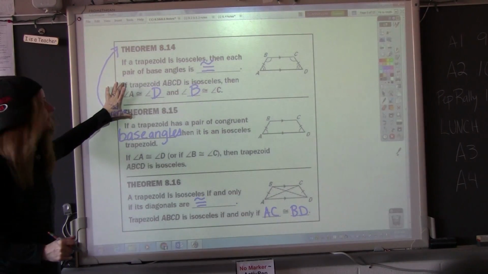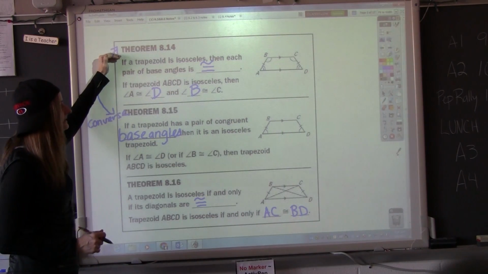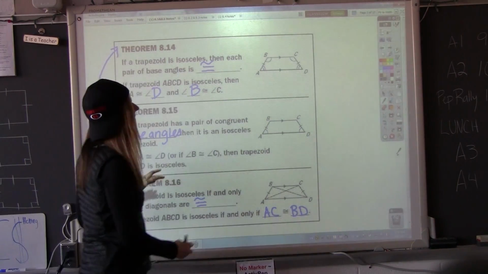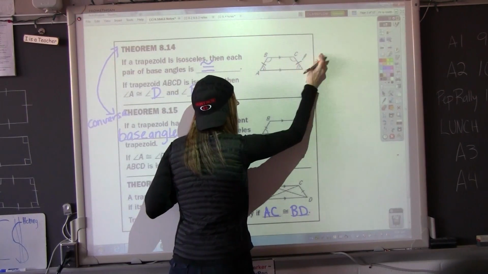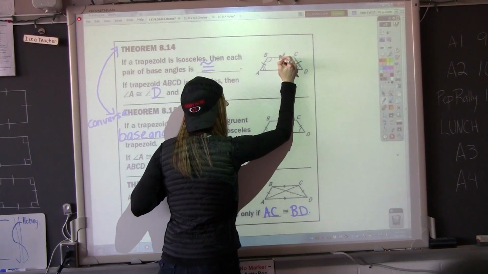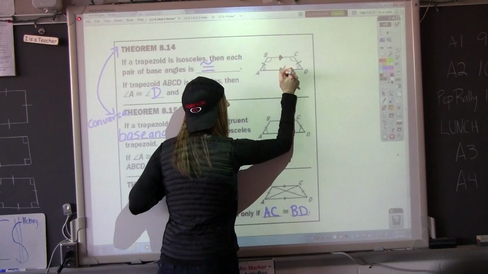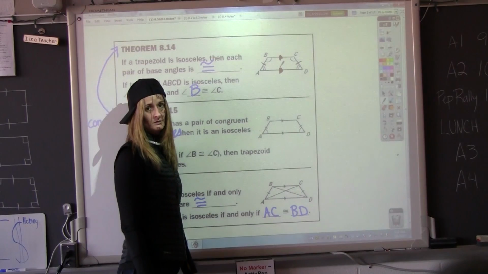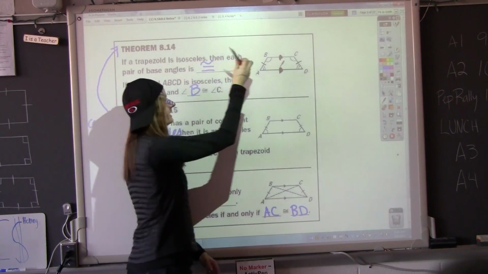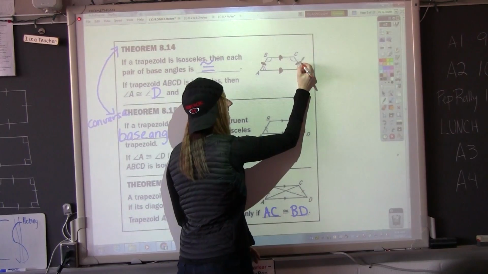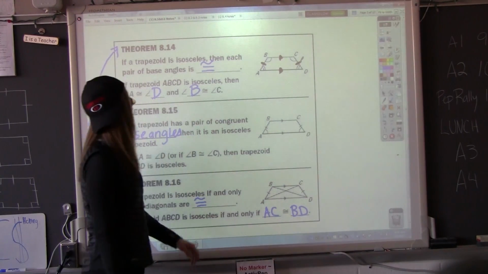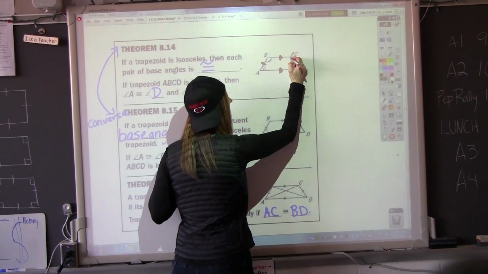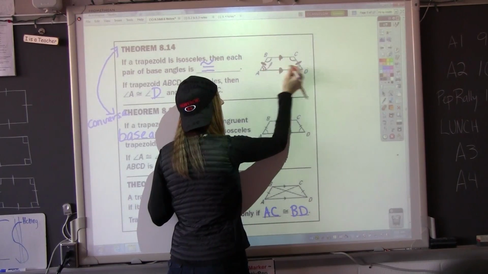These are converses of each other. If a trapezoid is isosceles, then each pair of base angles is congruent. So these two triangles right here tell us we have one pair of parallel sides, which makes it a trapezoid. If the trapezoid is isosceles, then each pair of base angles is congruent. So that pair is congruent, and that pair is congruent.